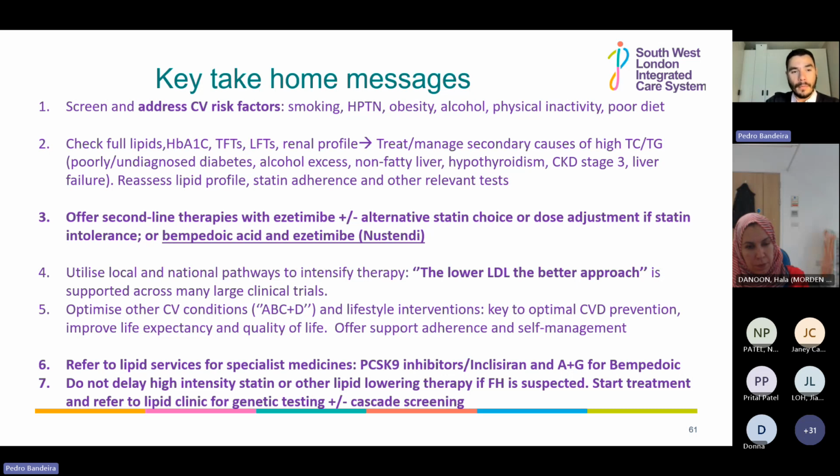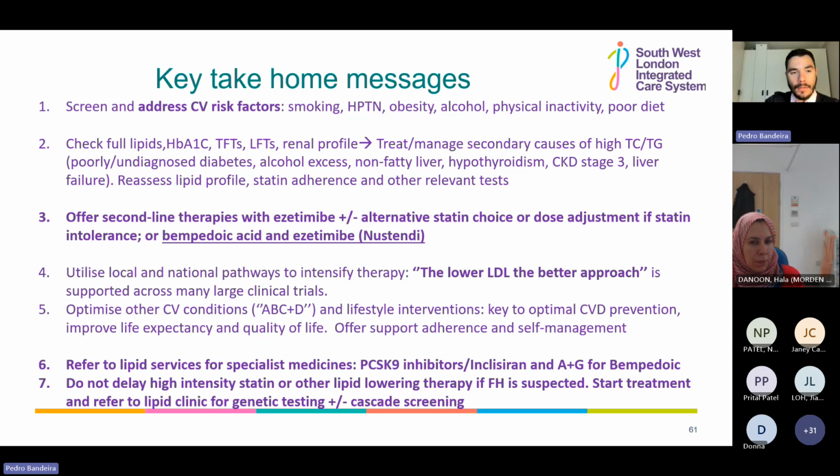Normally, we advise a lipid profile, and this lipid profile should be accompanied by other blood investigations if clinically indicated. HbA1c can give a good overview of how well controlled the diabetes or sugar metabolism of that specific patient is. Thyroid function before starting statins is quite important, and ruling out other secondary causes before starting statins is quite useful.